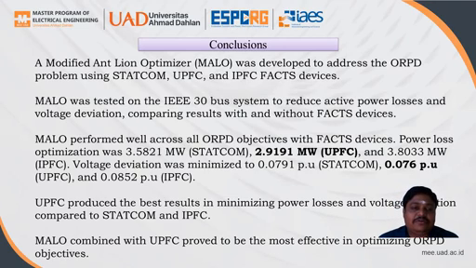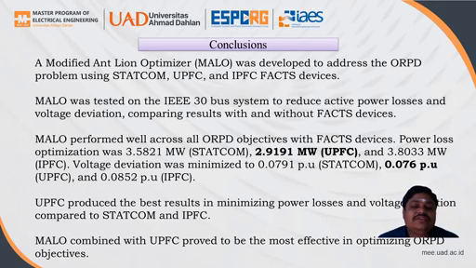Power loss optimization was 3.5821 megawatts with the STATCOM, 2.9191 megawatts with the UPFC, and 3.8033 megawatts with the IPFC.